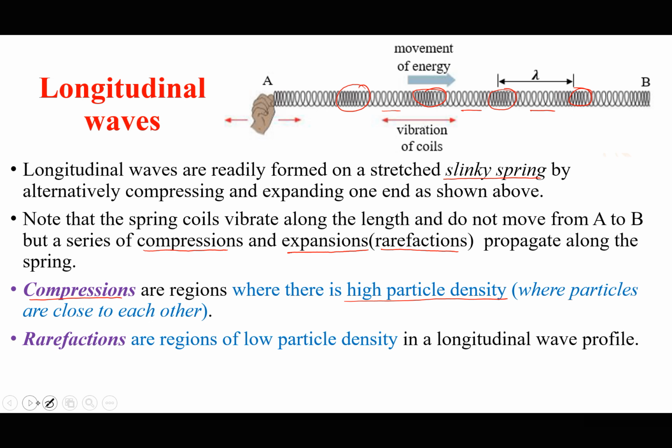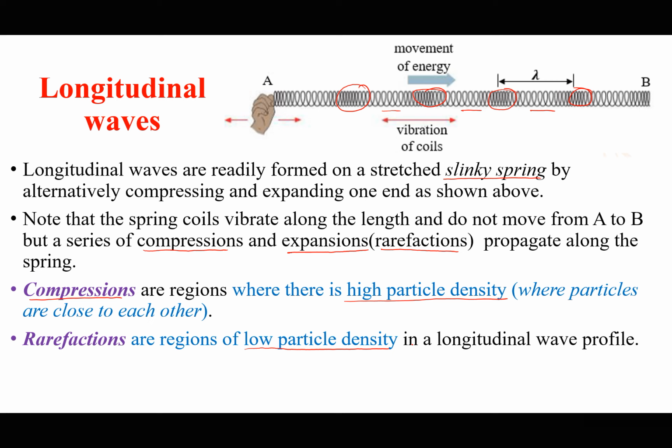On the other hand, rarefactions are regions of low particle density. This is only in a longitudinal wave. We don't expect compressions and rarefactions in a transverse wave. So rarefactions are regions of low particle density. Compressions are regions of high particle density.